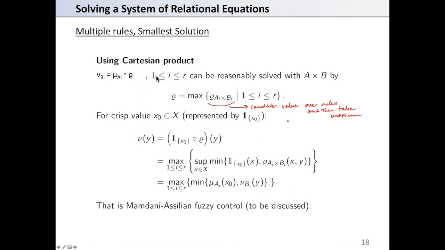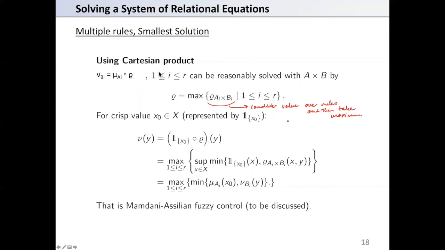For our rules, I from 1 to R, we are looking for a relation rho such that this equation should be satisfied. The equation is saying that the membership for the fuzzy set BI should be equal to membership for fuzzy set AI composition with the relation rho.